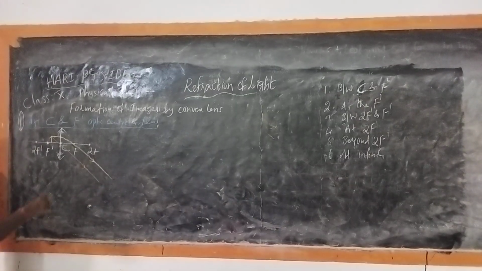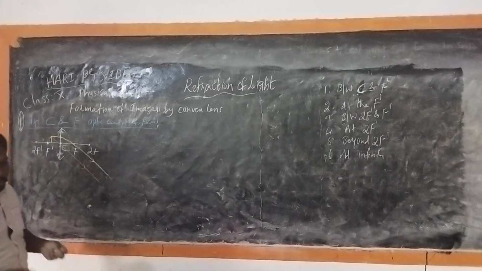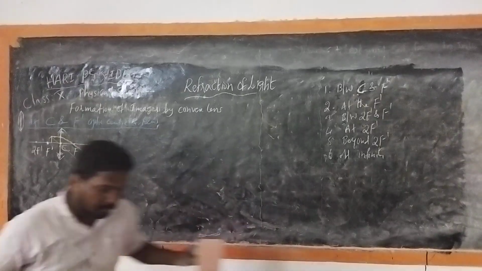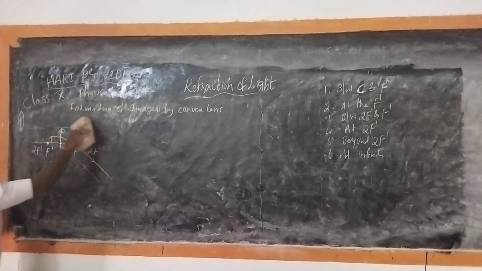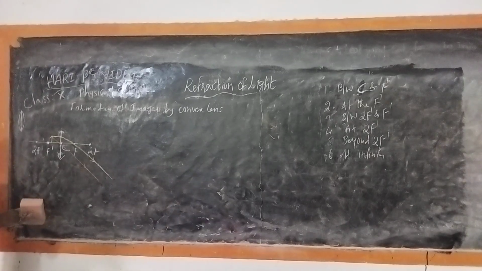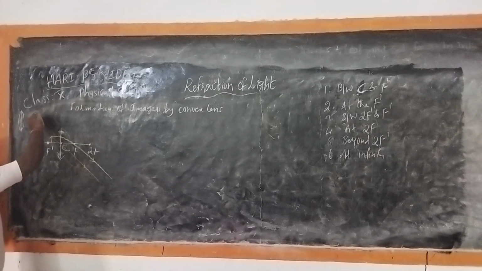To know the position of the image, we have to extend these rays back. So this is the ray and this is the original ray.